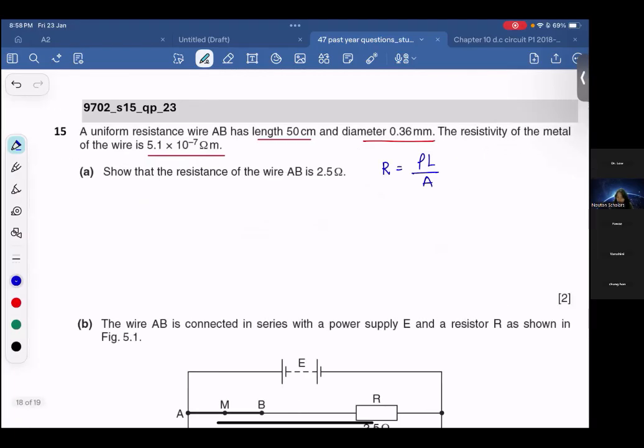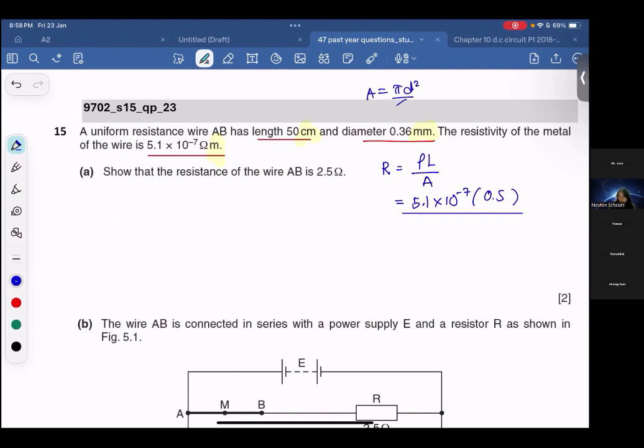Okay, dear. So here, the question asks you to prove the resistance. The resistivity is 5.1 times 10 power of negative 7. The length, remember to convert to meter: cm change to mm, change to meter. So it will be 0.5 divided by the area.